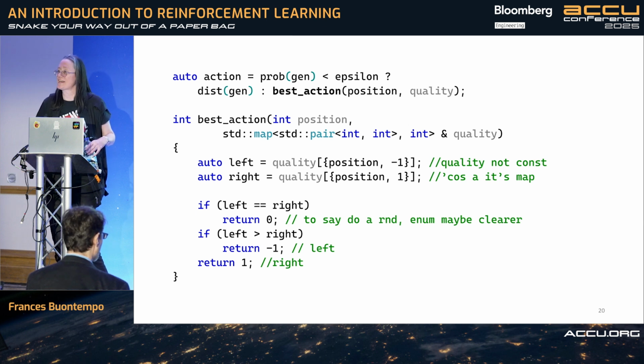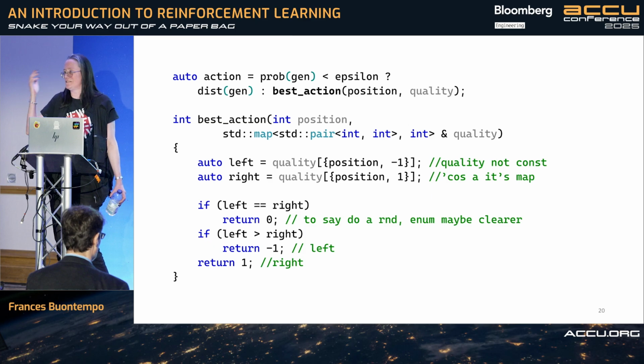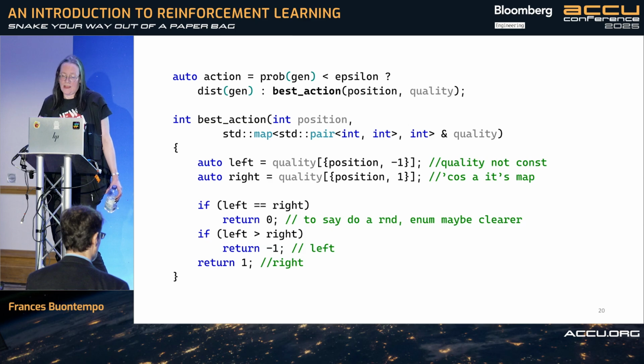But here we've got a static environment, so it doesn't really matter. Nothing's moving, nothing's changing. The agent's exploring. So if left's better, it goes left. If right's better, it goes right. And if they're equally appealing or not, then I just return 0.